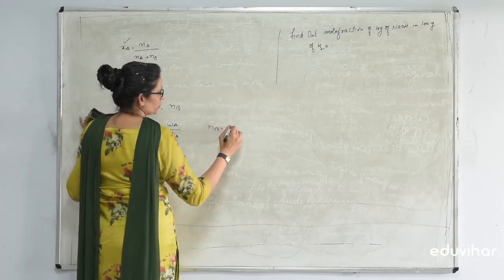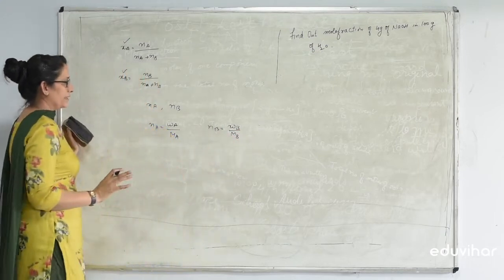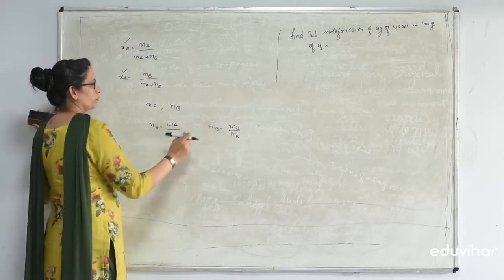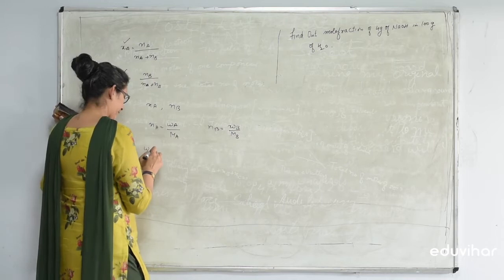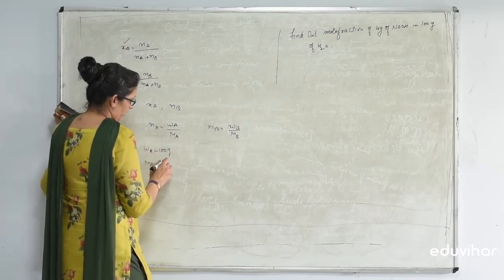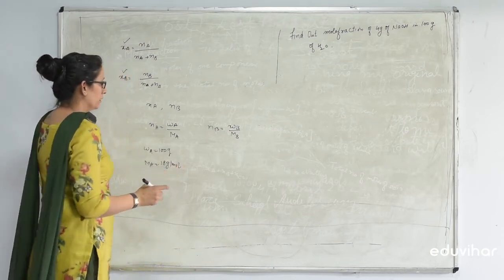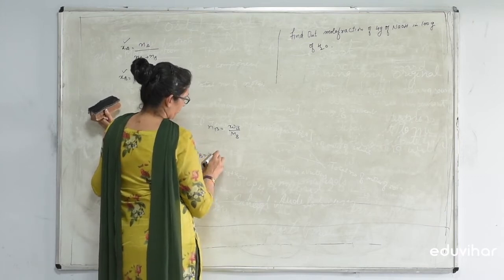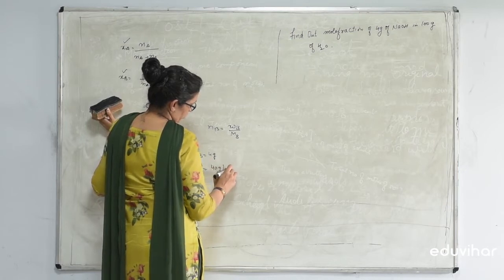Nb is equal to Wb upon Mb. Wa is the given mass of solvent, and Wb is the given mass of solute. Wa is 100 gram. Ma, everyone knows, is 18 gram per mole, as water has molecular mass 18 gram per mole. Wb is equal to 4 gram. Mb is equal to 40 gram per mole.